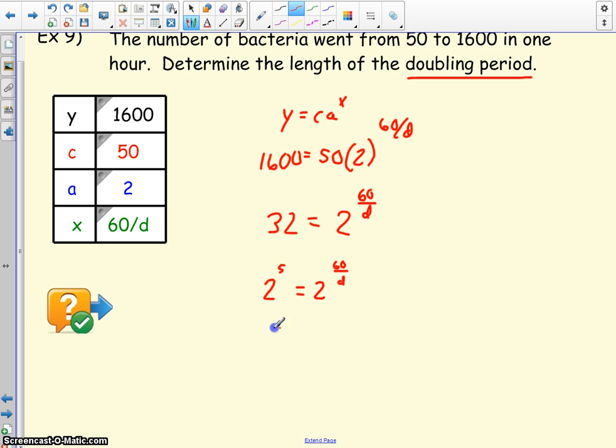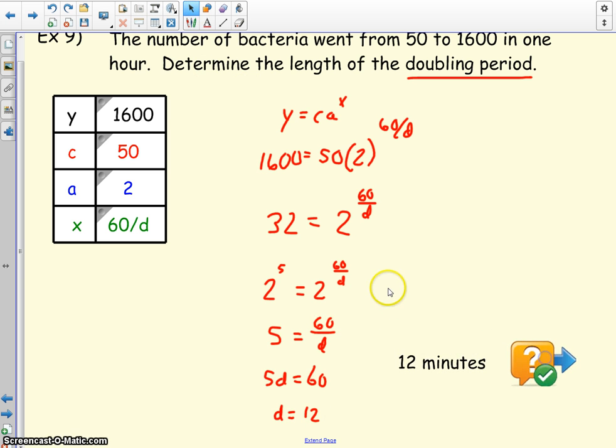So now you can equate the exponents. 5 is going to be equal to 60 over d. That would mean 5d equals 60, and d would then be equal to 12. So it should in theory take 12 minutes for it to double.